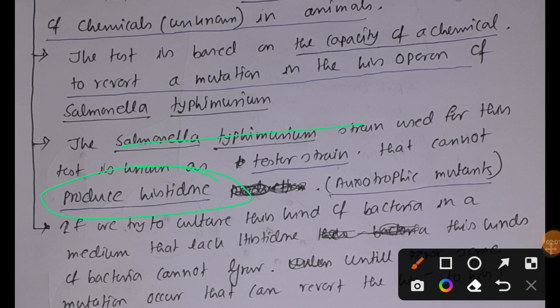This is due to the frameshift mutation in the histidine operon. So it is necessary to remember the name of the mutation that is going on here: frameshift mutation of the histidine operon.